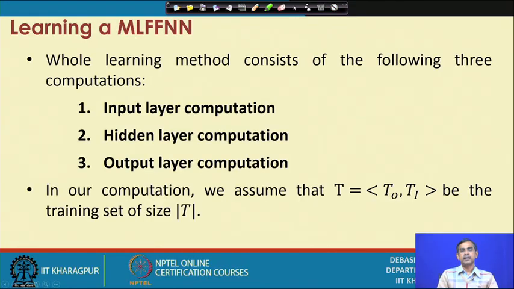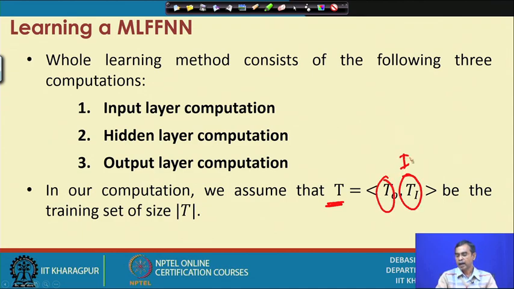Now, so far as training is concerned, training in the neural architecture needs a number of computations. We can systemize the computation in a 3 step method. First we compute the input layer, then the hidden layer and then the output layer. So, we say input layer computation, hidden layer computation and output layer computation. The computation is based on some training set. Here we denote the training set as T, and the training set consists of input data and output data.